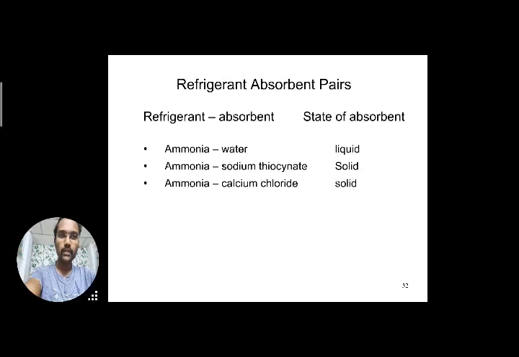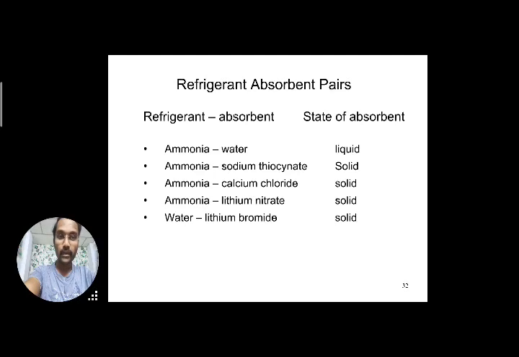In another one, the absorbent state is also solid. It means calcium chloride is in solid form, so we can use it in combination with ammonia. Another absorbent in solid state is lithium nitrate, so we can mix it with ammonia.